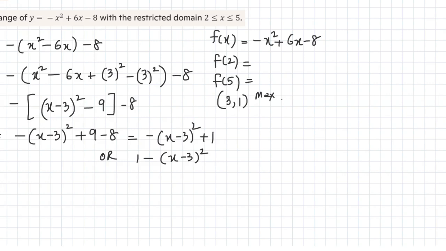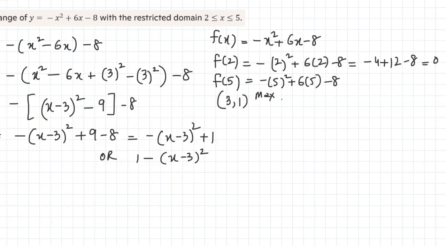You can use a calculator as well, but if it's a non-calculator paper, minus 2 squared plus 6 times 2 minus 8, which is going to be -4 plus 12 minus 8. That's 0. Okay, and what about the next one? It's going to be minus 5 squared plus 6 times 5 minus 8. It's going to be -25 plus 30 minus 8. So that's +5 minus 8, that's -3.